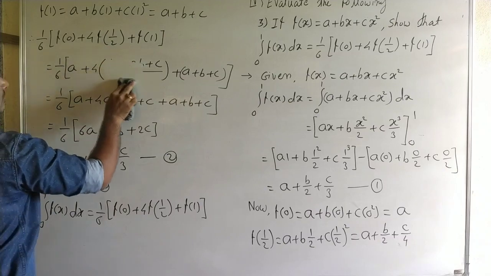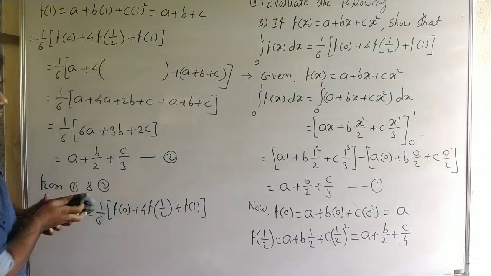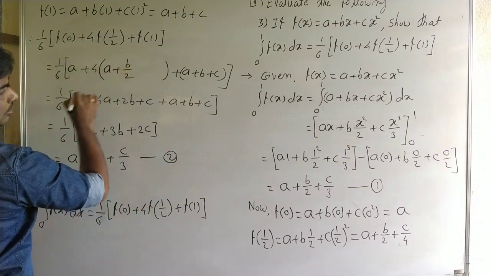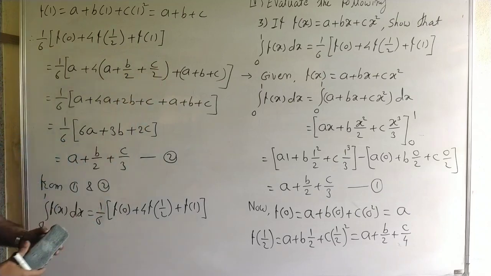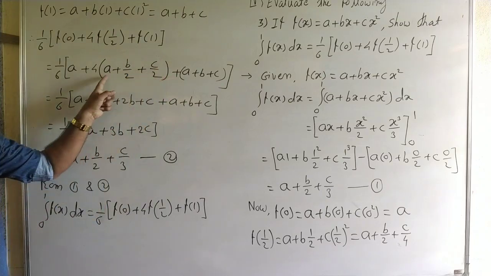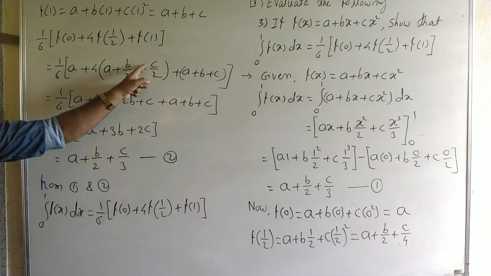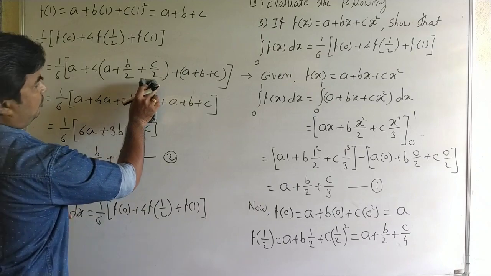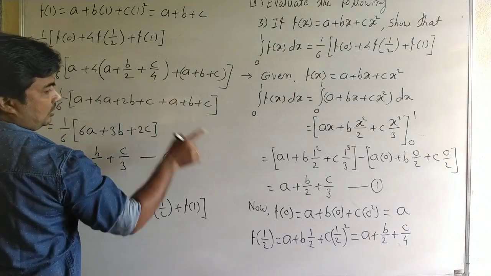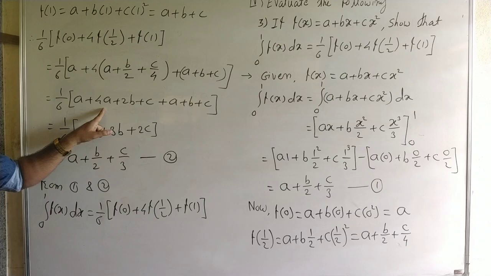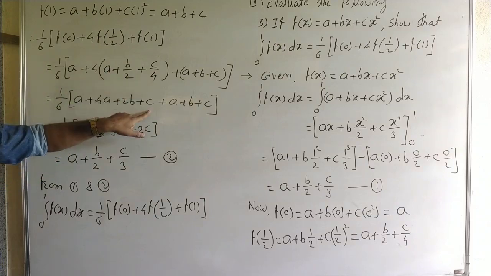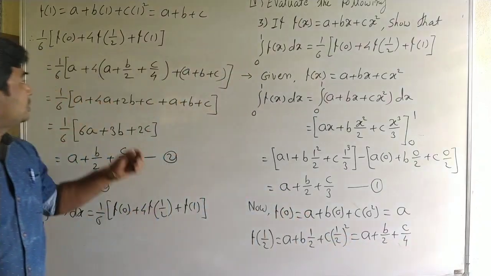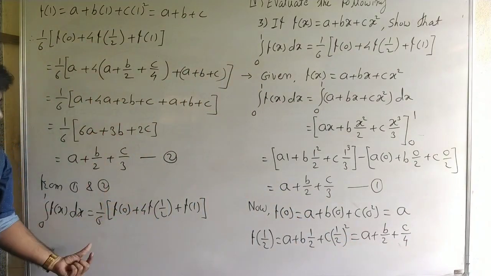Here we can write this value, it is a plus b by 2 and plus c by 4, and when we multiply by 4, it is 4a, 2b, and c. Here we can directly put this value. It is also an easy method. Now see carefully this.